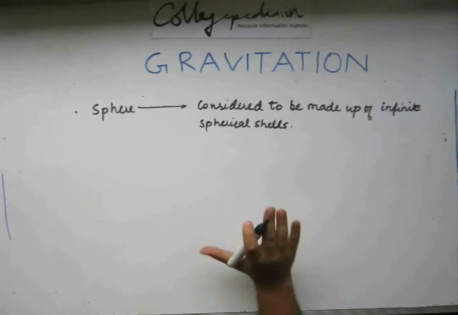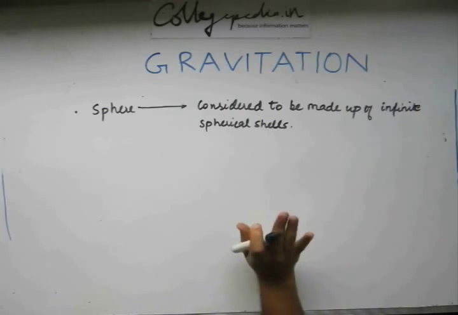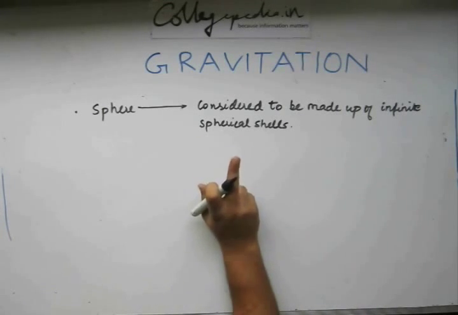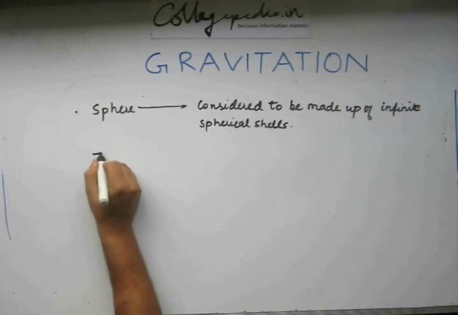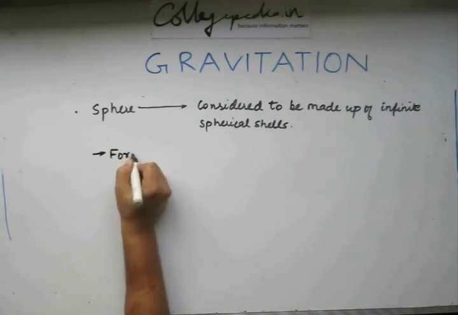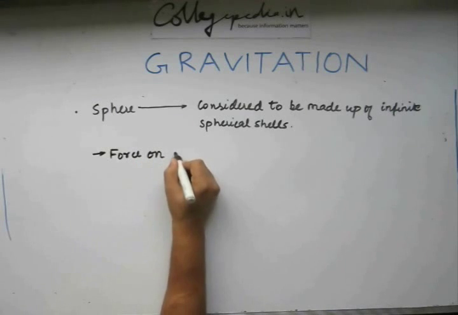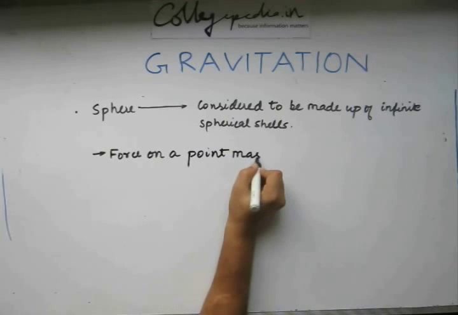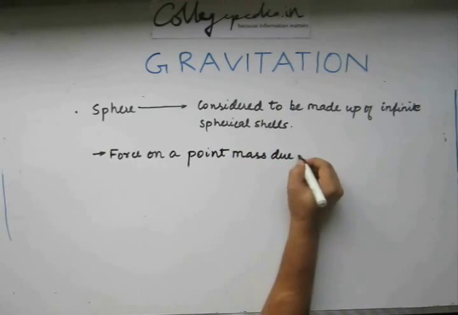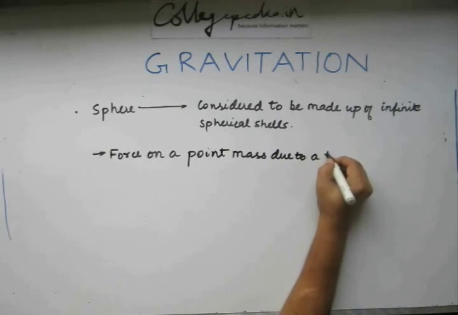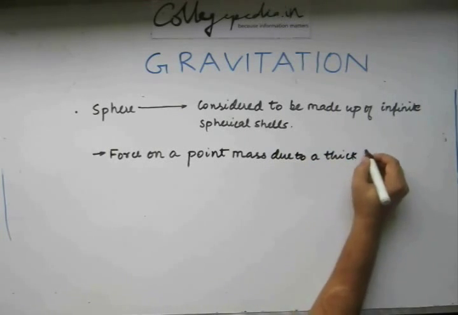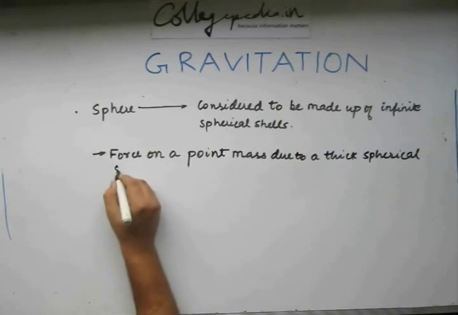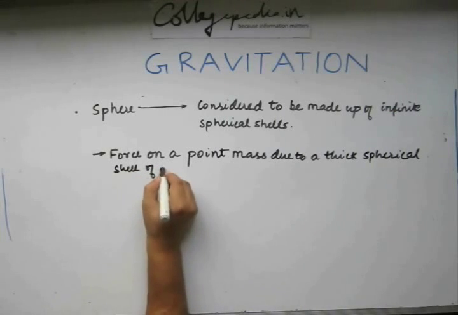If we want to look at the interaction between spheres or a sphere and a point mass, we need to consider this. Before we consider this, let us look at the force on a point mass due to a thick spherical shell of mass m.